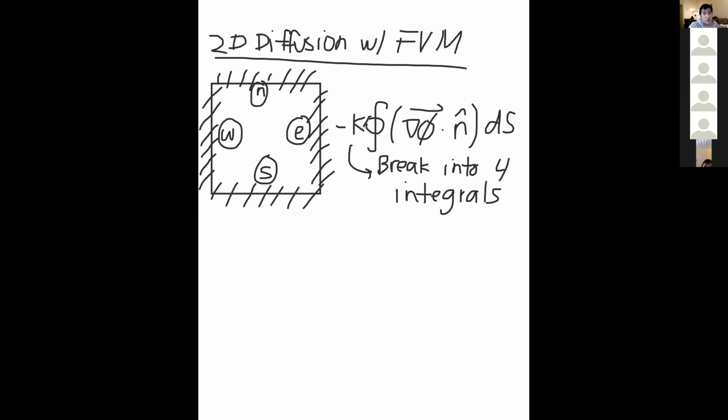And so if you do that and apply our trapezoidal rule, and then apply this dot product here, we're left with the following expression.